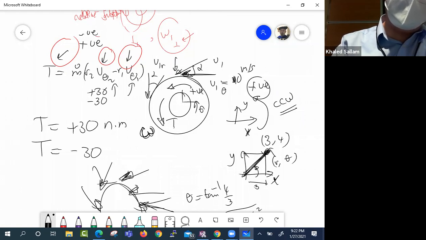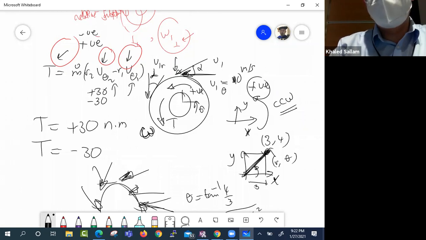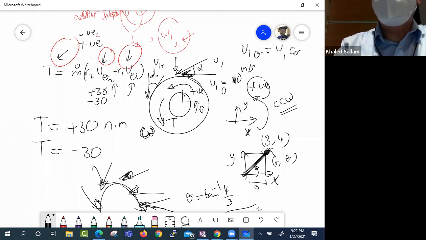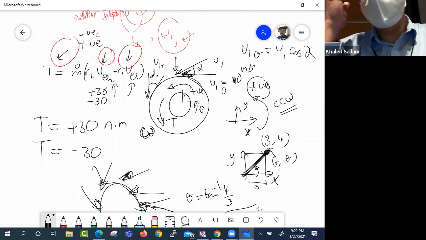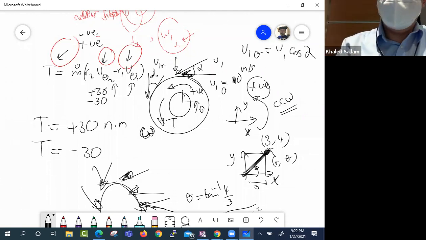It's going to make alpha also here, right? So that V1 theta will be V1 cosine alpha, correct. V1 theta is going to be V1 cosine alpha. Yes, and that V1 r will be V1 sine alpha. Of course. Yes, correct. Okay, now I am. Yep. Very good.